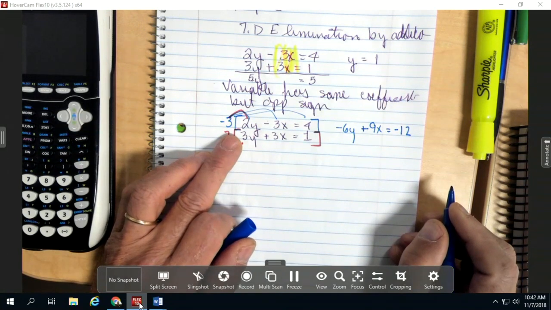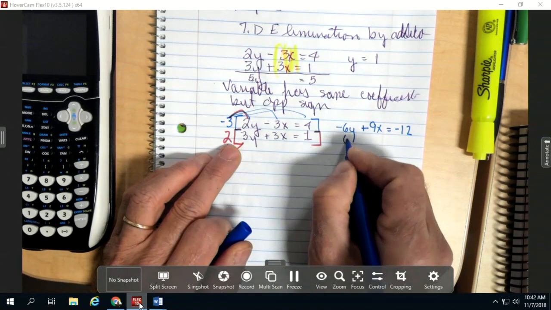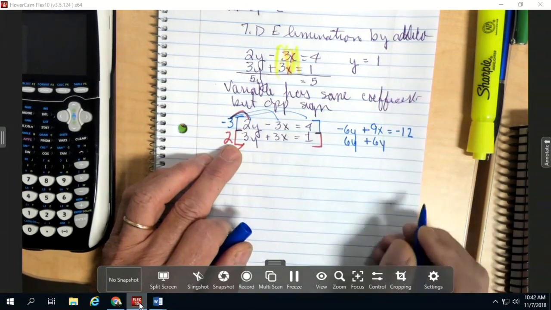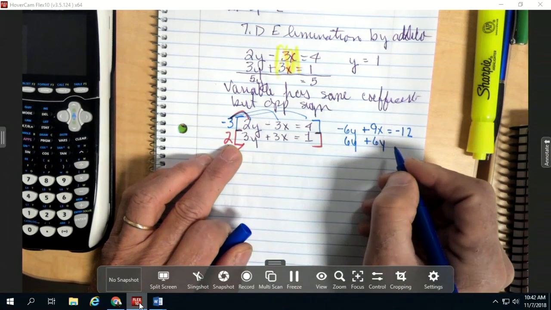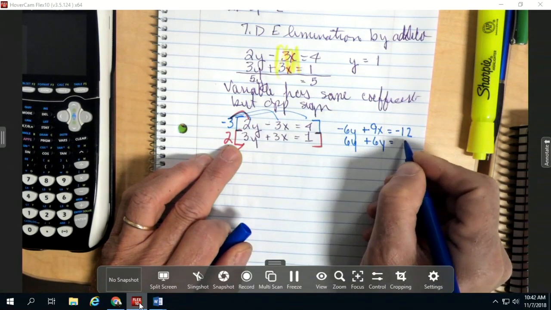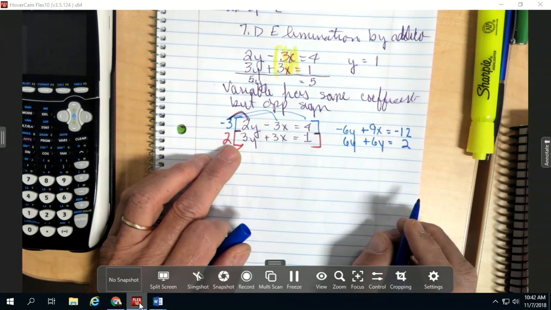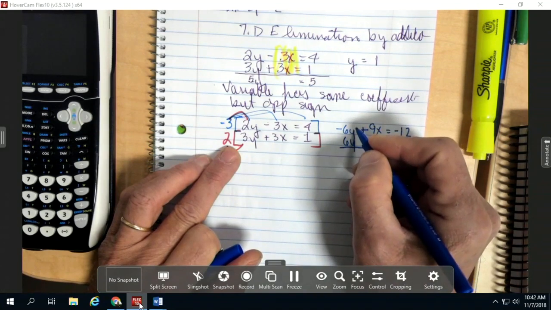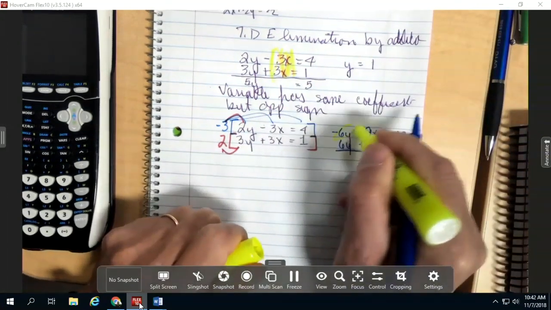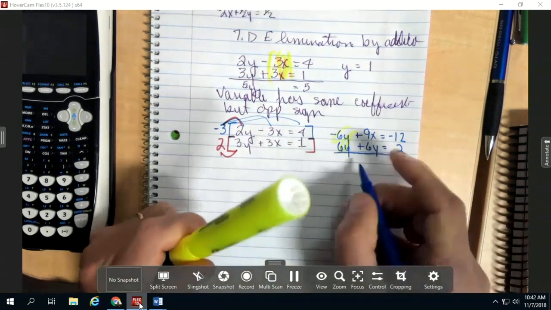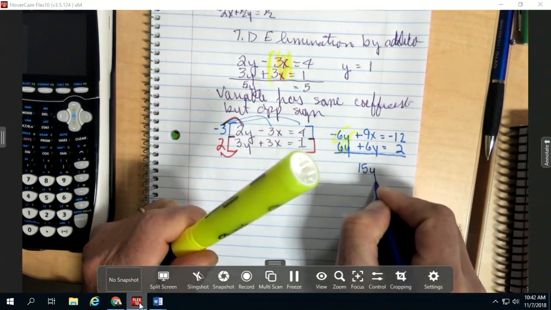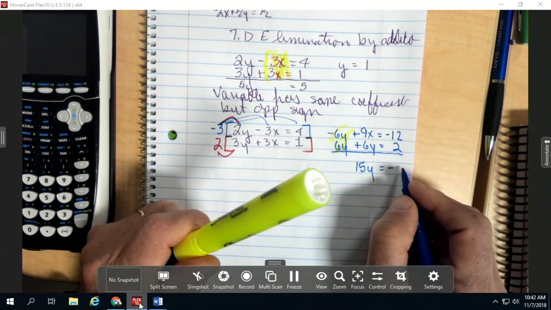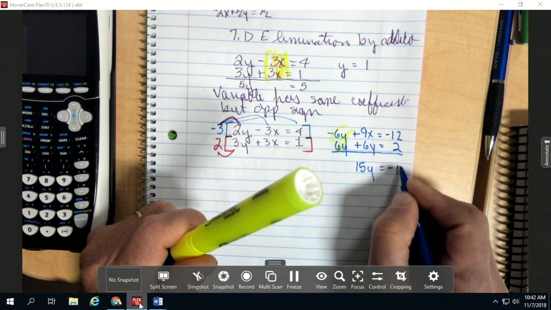Negative 3 times 4 is negative 12. 6x plus 6y equals 2. Right? Add those two equations together. These two are going to cancel out, and you're left with 15y equals negative 10.